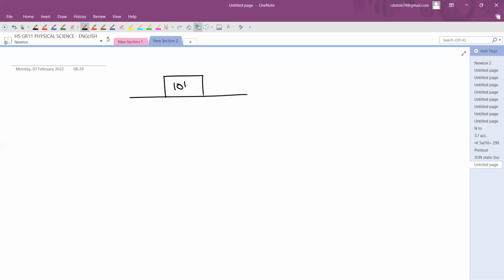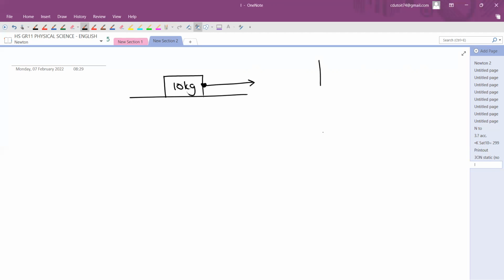It's 10 kg again. Now someone is attaching a rope there and starts pulling it. But they're not going to immediately apply a 10 or a 20 newton force. They're going to slightly increase the force. They'll pull softly on the rope and then exert a bigger force, and a bigger force.